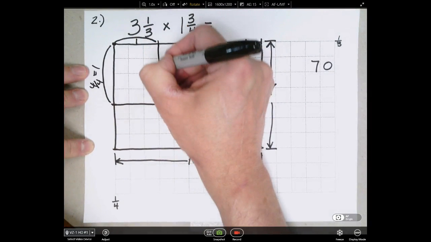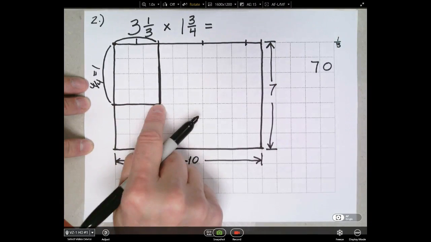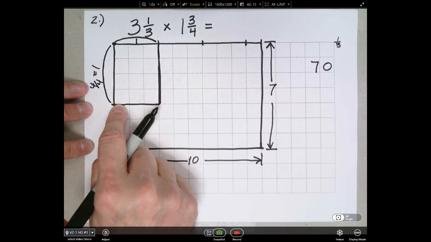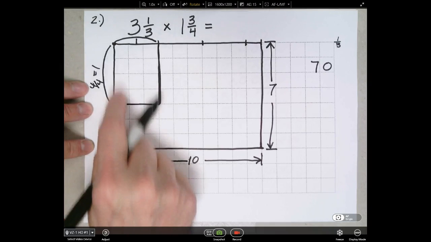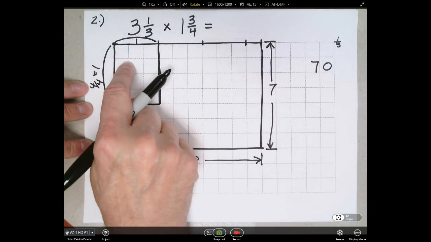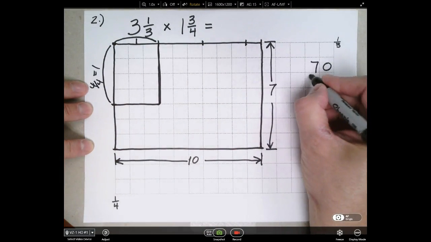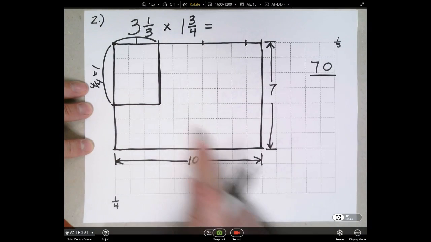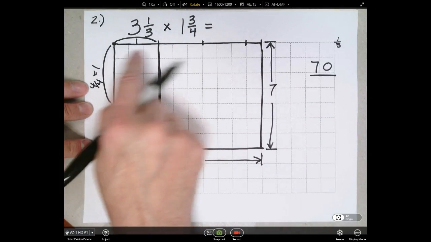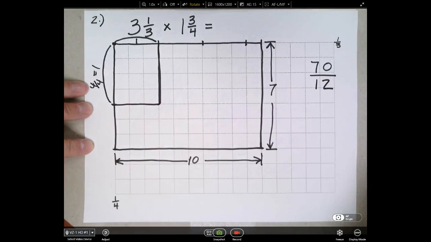So as we look down here, we see that this represents 1 whole. And so if we want to know our denominator, all we have to do is count the number of boxes inside of each whole. And that will represent what each individual box means, and we can come up with a denominator. Well, last time we had 3 by 3, and that was 9. This time we have 3 by 4, and that is equal to 12.